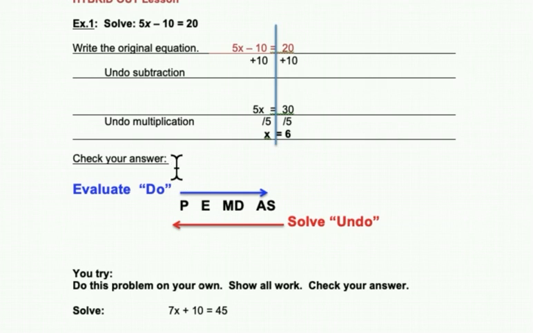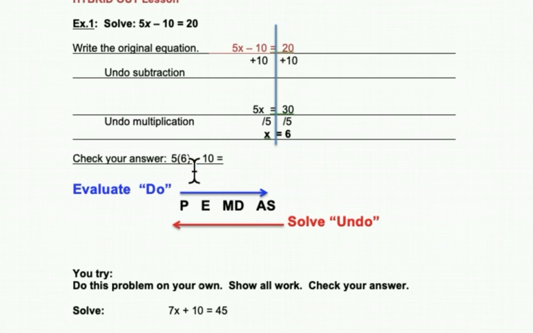It's always a good idea to check your work. The equation was 5x minus 10 equals 20. Let's make sure that 5 times 6, because that's what we said x is, works. So replace the x with 6, substitute it in. Does that equal 20? Well, when we're evaluating this, we have to do the order of operations in this order.